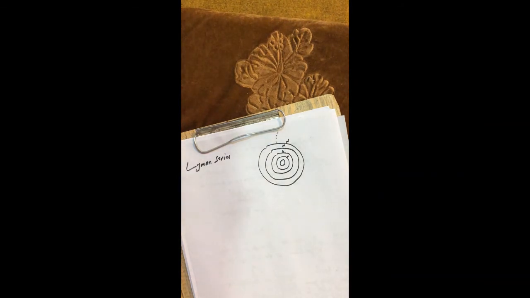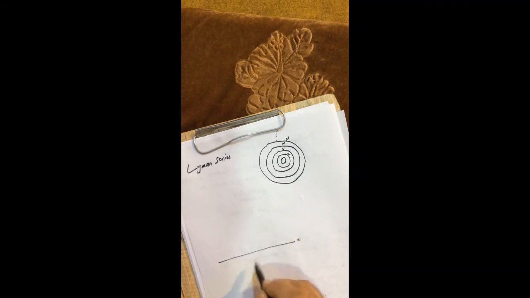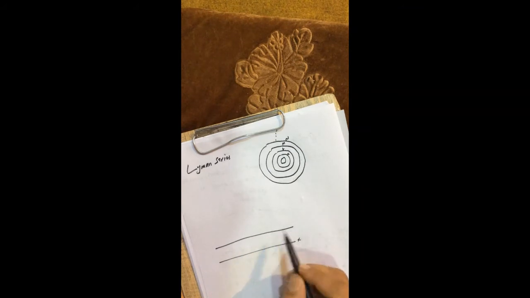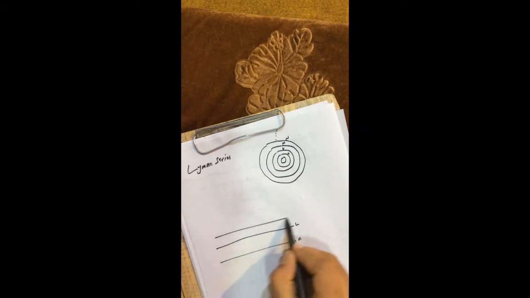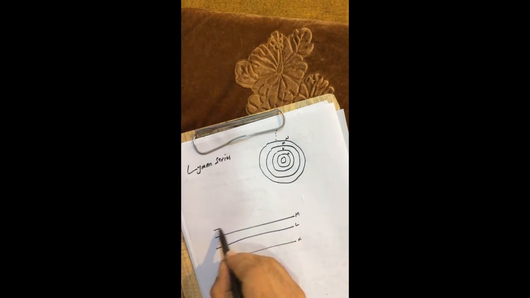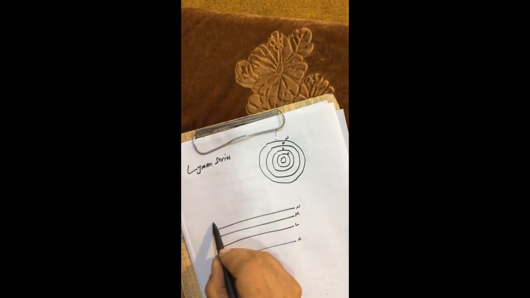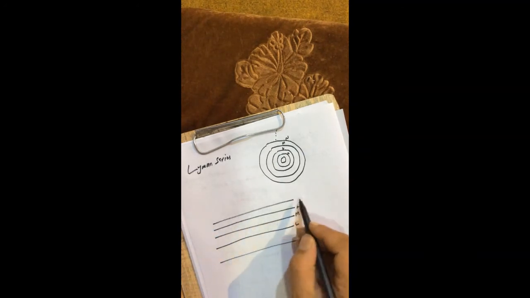We can also plot the same energy diagram like this. Here we have the nucleus, the K shell, next the L shell, the M shell, the N shell, and the O shell.